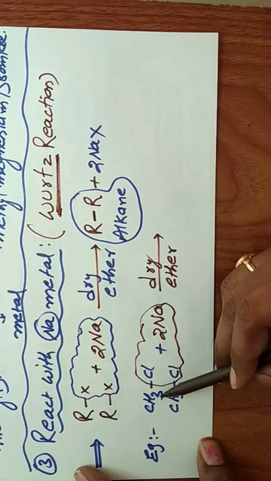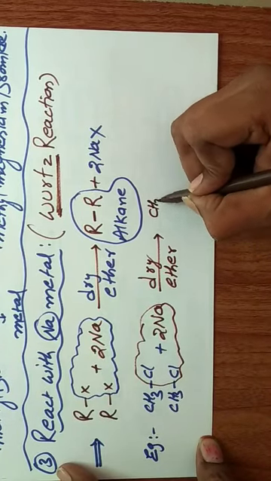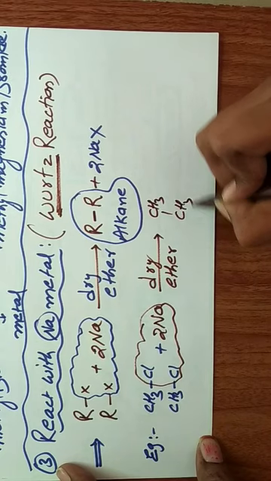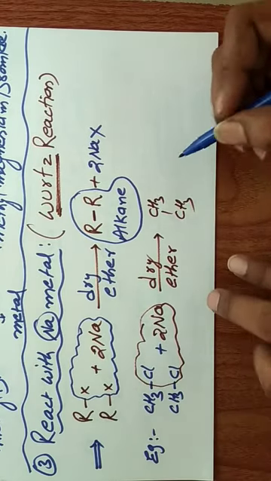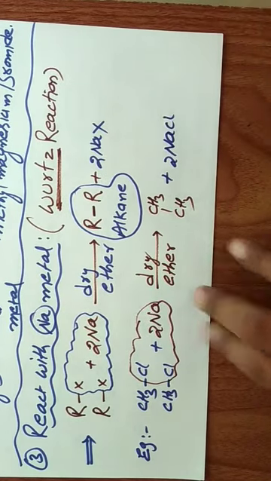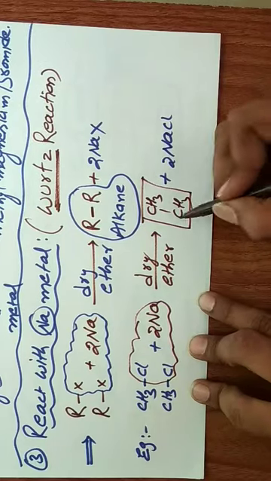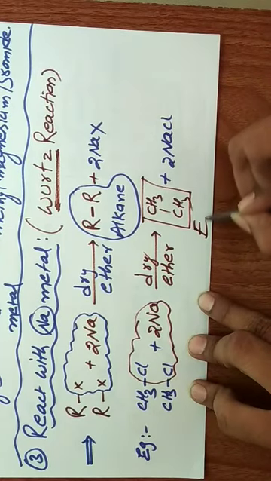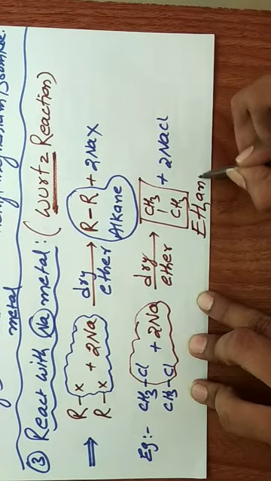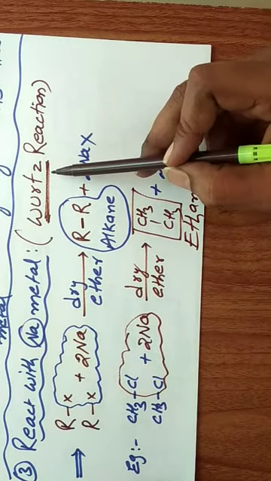Here CH3 is directly bonded with the other CH3, and we get CH3 bond CH3 plus 2 moles of NaCl. This is the main product. What is its name? Ethane. So this is the Wurtz reaction.